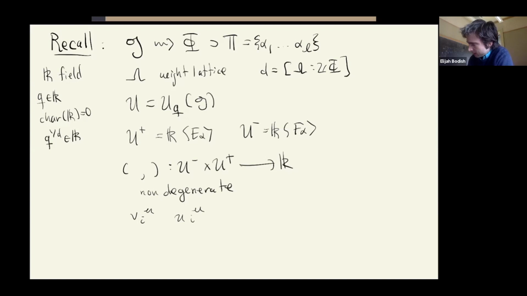As a reminder, the v_i^mu's were in the U minus, mu graded part, and the u_i^mu's were in the U plus, mu part. And then we defined theta mu just to be the sum over dual bases.